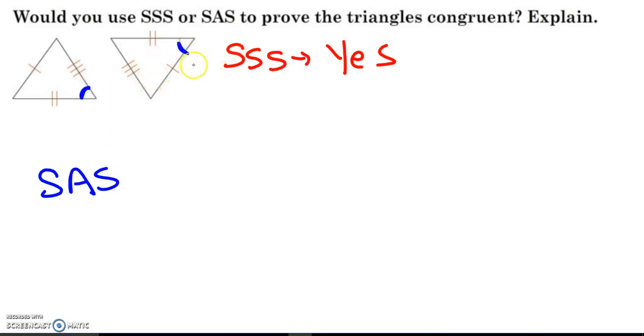I have to look at the sides that include that angle. In this one I have the sides with 2 tick marks and 3 tick marks. And over here, the included sides are 2 tick marks and 1 tick mark. So those are not the same sides and the included angle. Therefore, no, you could not use side-angle-side for this one.